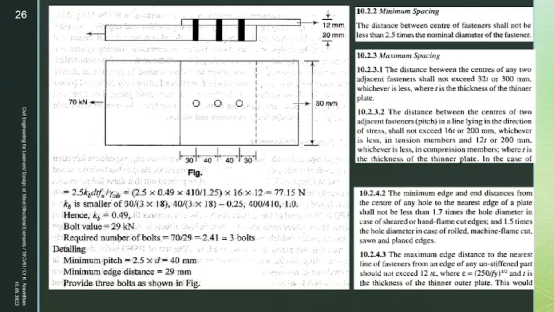Then minimum edge distance. For that you have the clause 10.2.4.2. The minimum edge distance and end distance from the center of any hole nearest to the end of the plate shall be not less than what? 1.7 times the diameter of the hole in case of sheared or hand flame cut edges, and 1.5 times the diameter of the hole in case of rolled.